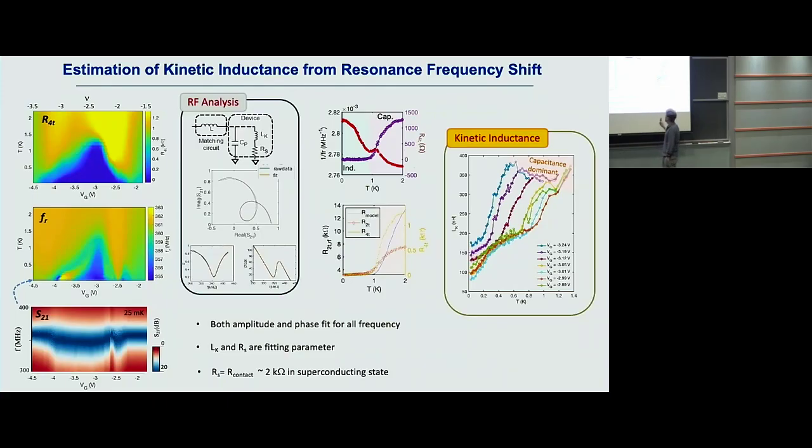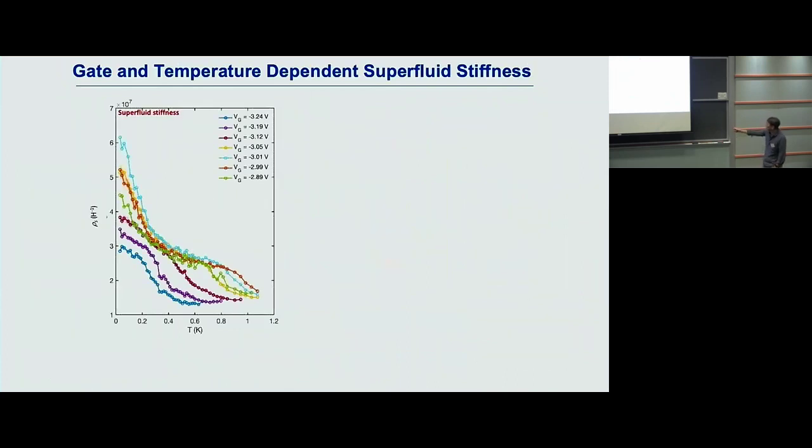Okay. With this kinetic inductance, let me convert that into the superfluid stiffness and look at how this looks. So I'm showing you some different gate voltages, where we cut off the superfluid stiffness as a function of temperature. We already cut out the part that I cannot trust anymore.